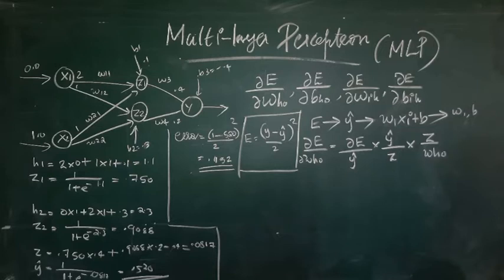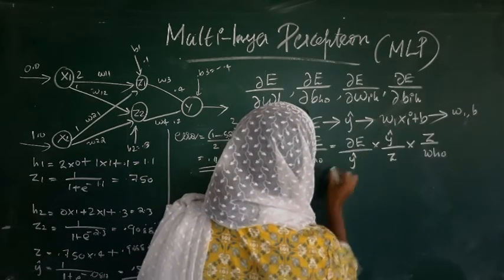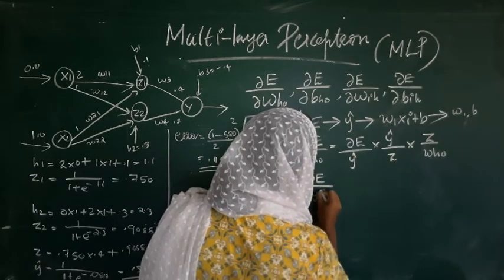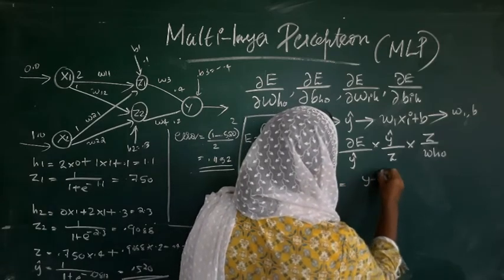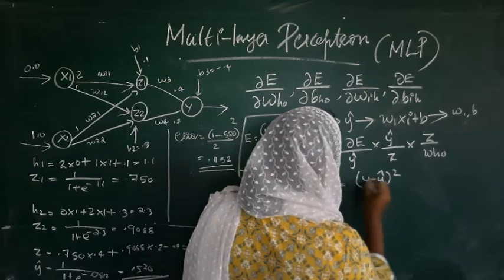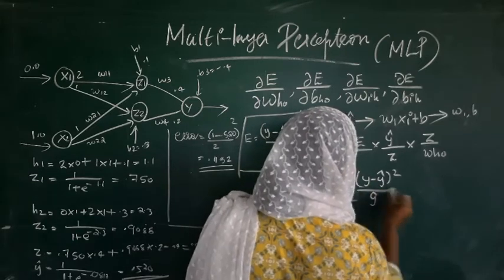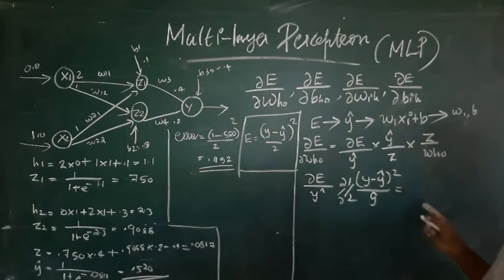So we will do them one by one. First we will see the term that is the partial derivative of error with respect to ŷ. You know that error is (y − ŷ)² divided by 2. The partial derivative of this must be calculated.